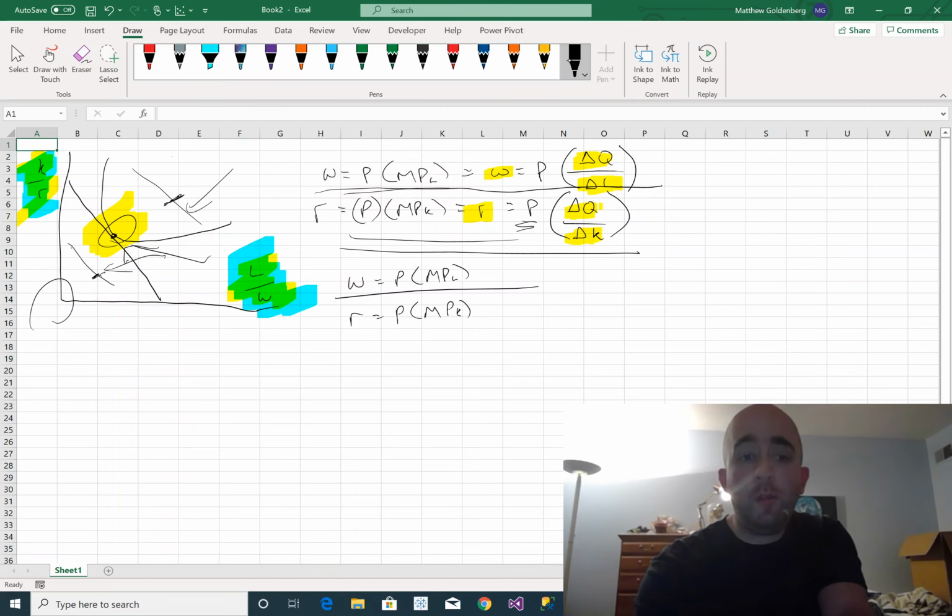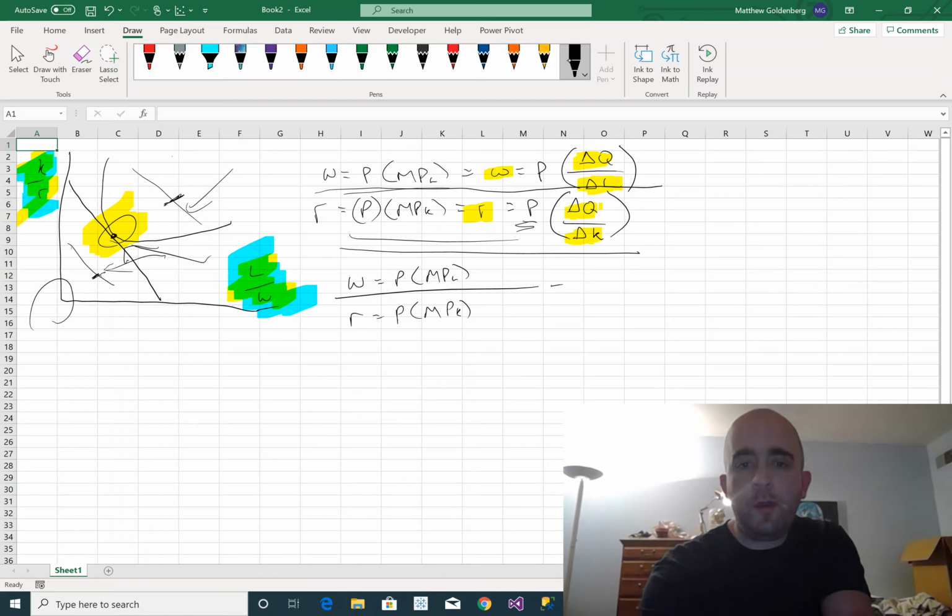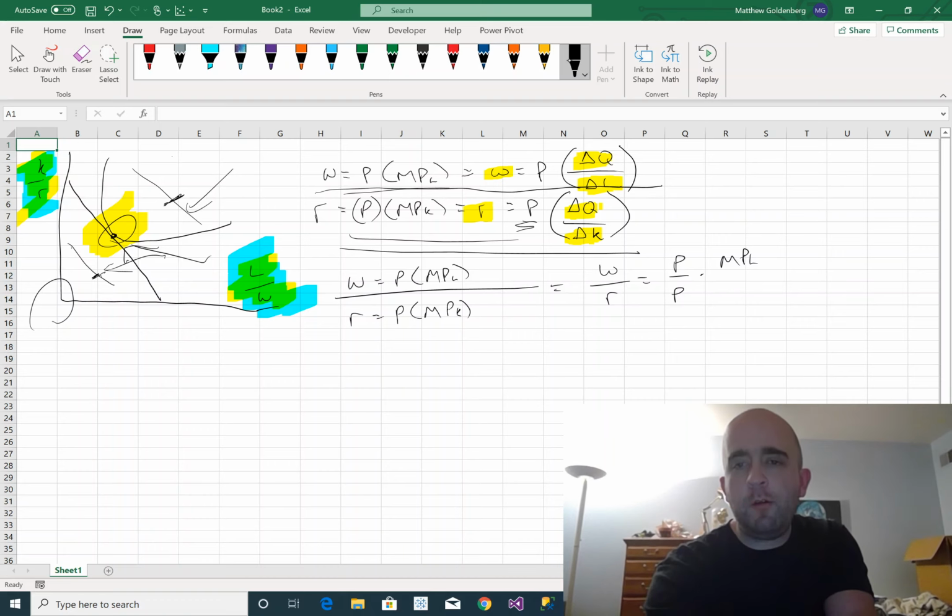Because we're concerned with both, we want to find both when they're at their ideal point. Or, let's put it this way, we want our wage over rate to equal price over price times marginal product of labor over marginal product of capital.